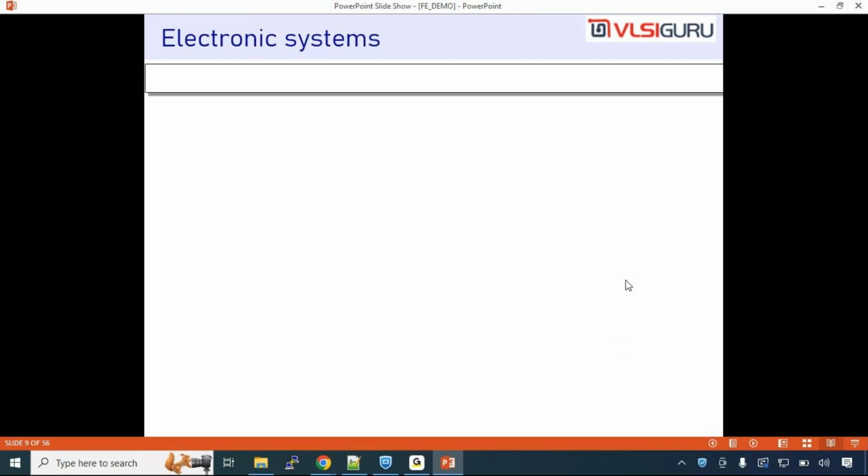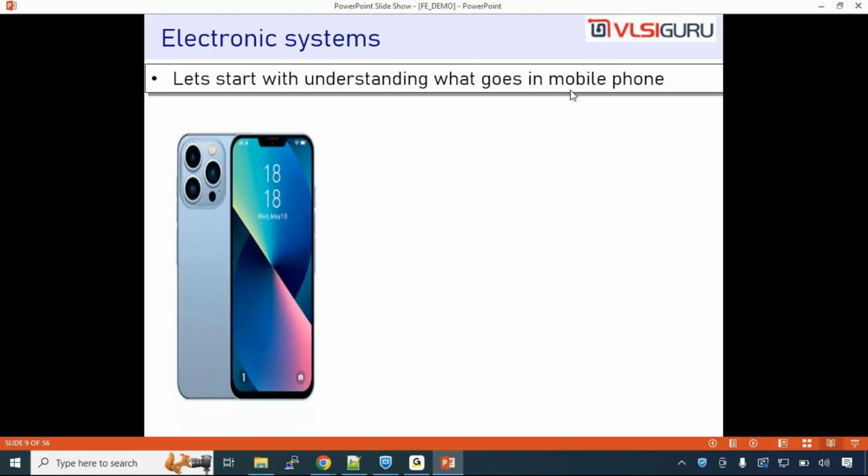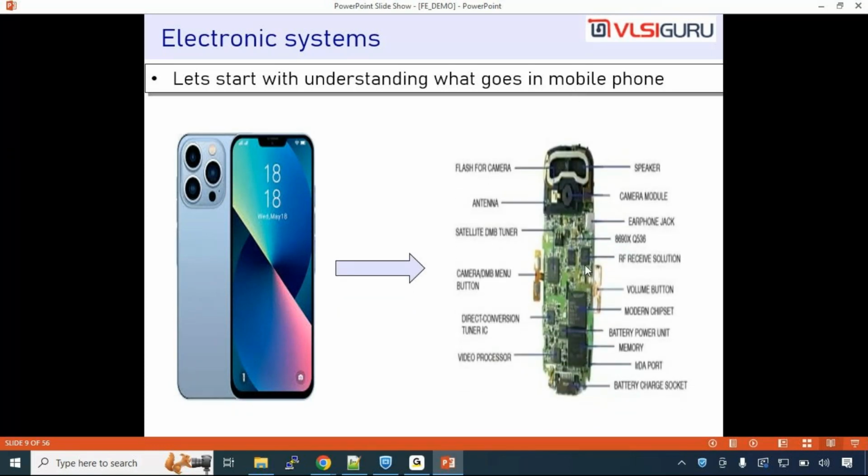So if you take an electronic system, let's start with understanding what goes into a mobile phone. Tell me, what all things go into a mobile phone? I show you, this is what a mobile phone is, and if you open it, this is how it looks like. You could see that it has got some processors, it has got a graphics processing unit, GPU.